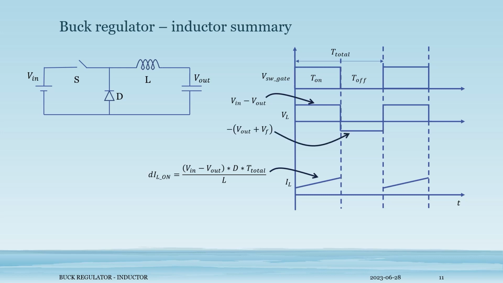The inductor voltage is given as minus of Vout plus Vf. At this time, the inductor current falls at a rate of minus of Vout plus Vf into 1 minus d into t total divided by L.